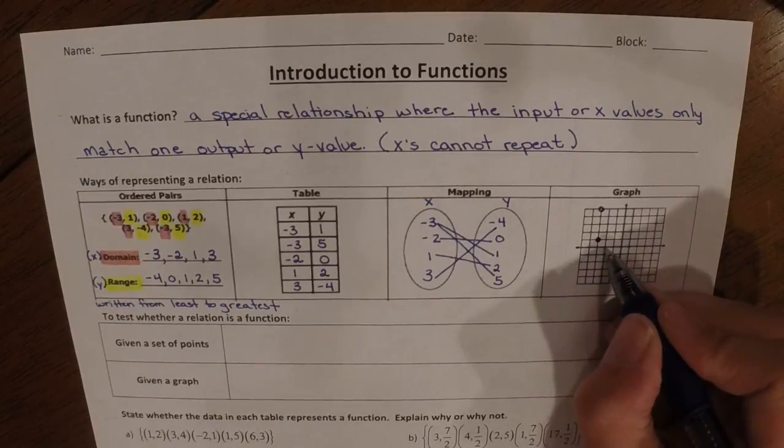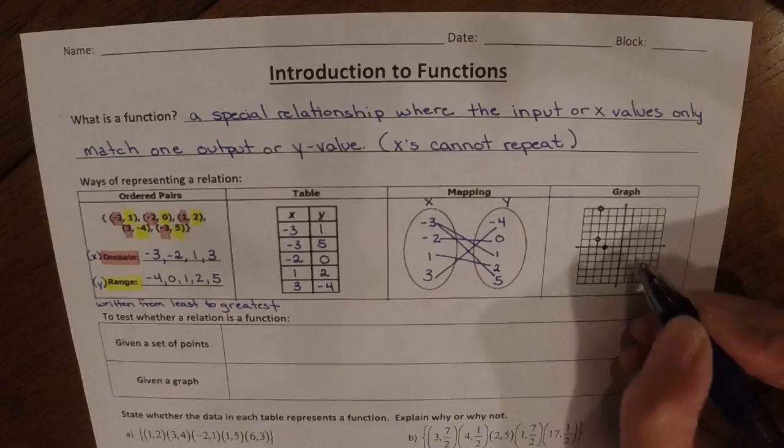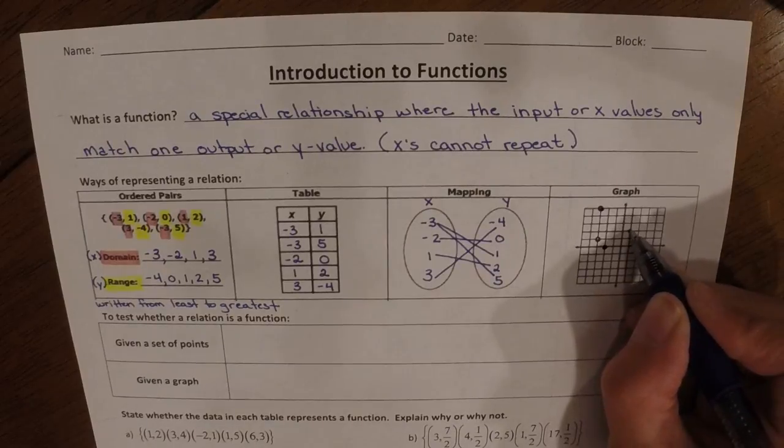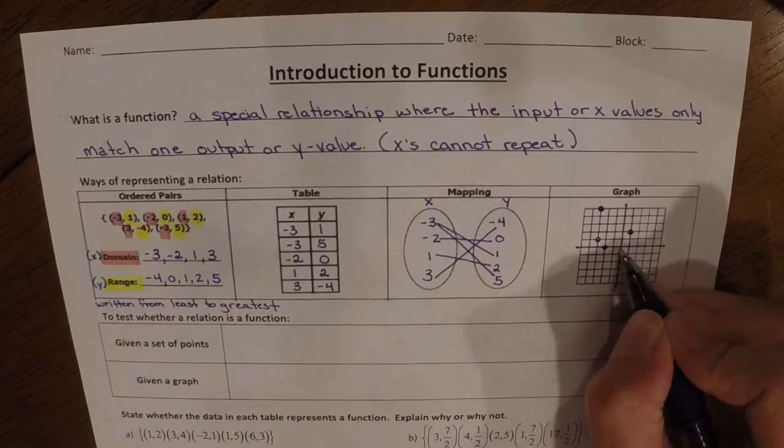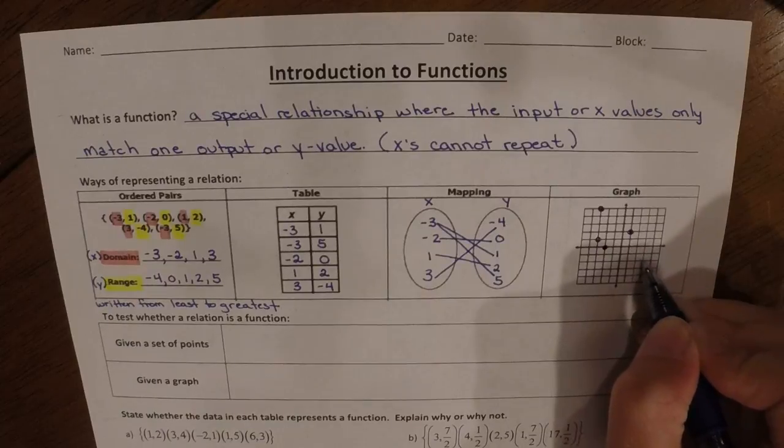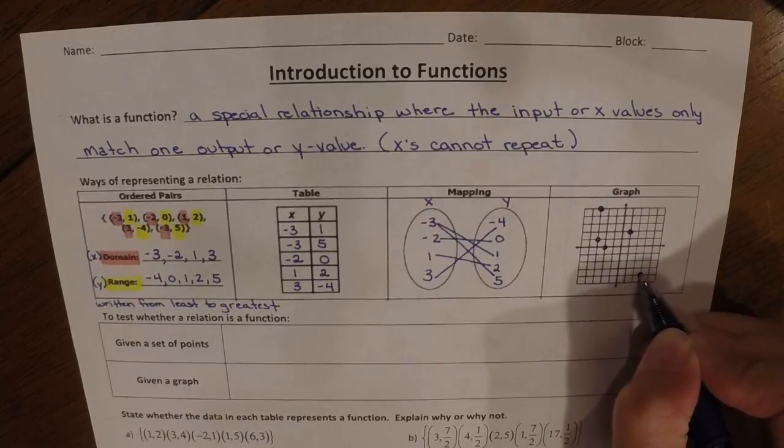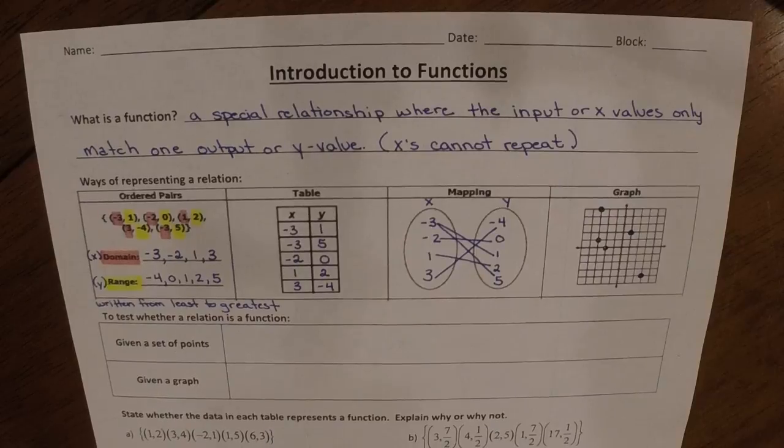I have -2, 0, 1, 2, and then 3, -4. Now, if you notice, these points do not create a line like we're used to, and that's okay. This is considered a scatter plot or a discrete graph because it's just going to be random dots.